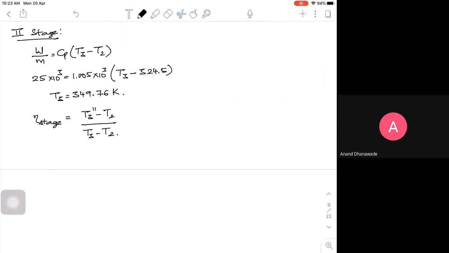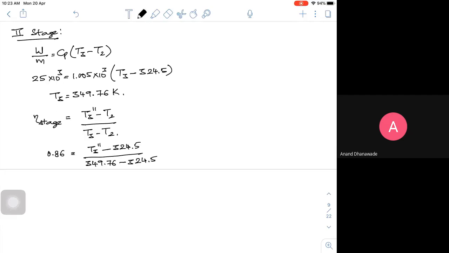So now if I substitute, this is 0.86 is equal to T3 double dash minus T2, which is 324.5, divided by your T3, just now you found it is 349.76 minus 324.5.